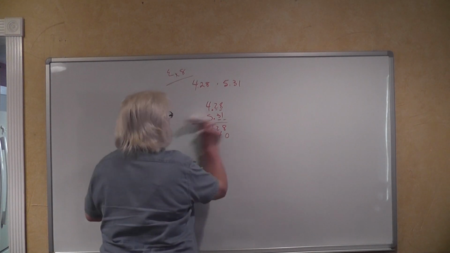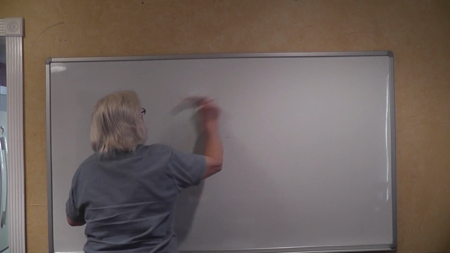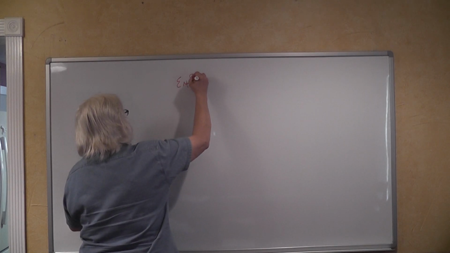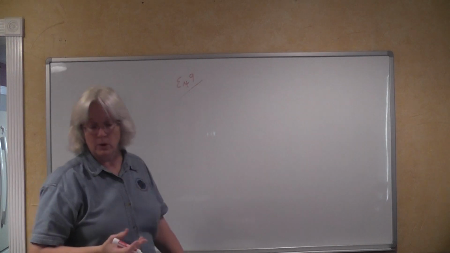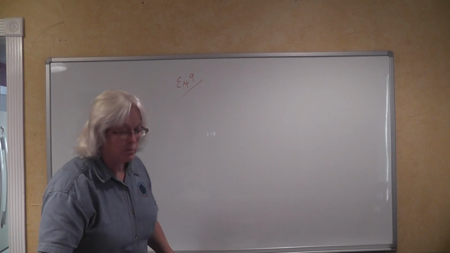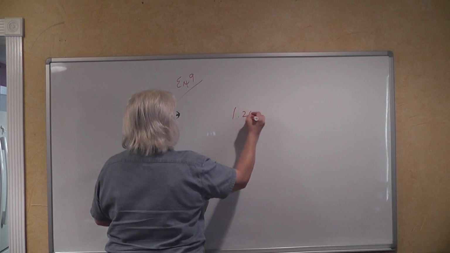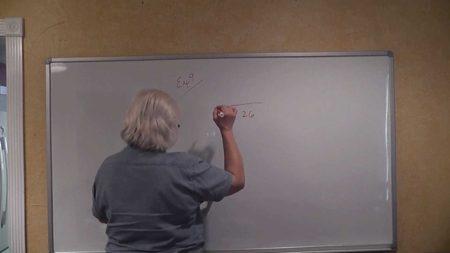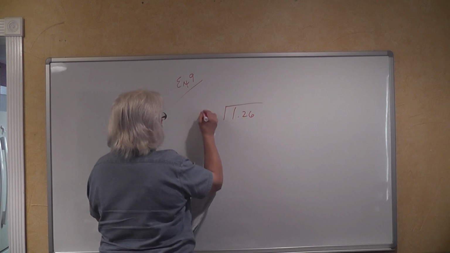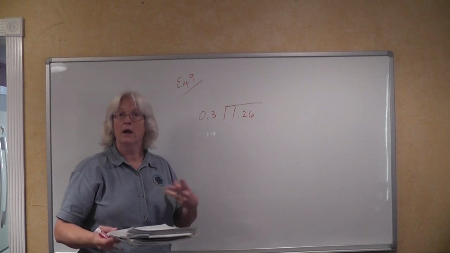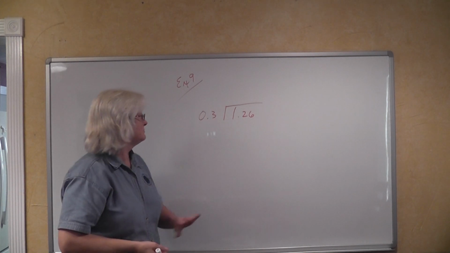Now if you do long division, example 9, you have to deal with that decimal point as well. 1.26 divided by 0.3. How do you divide decimal numbers?